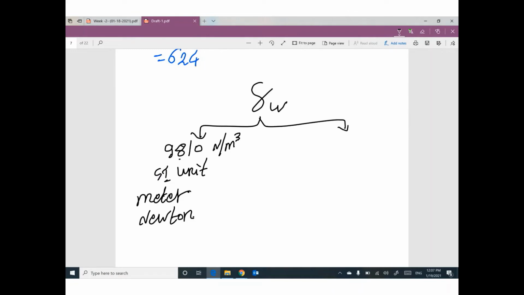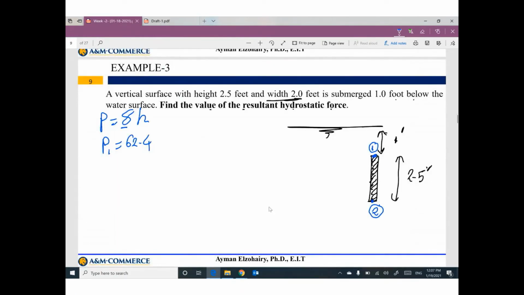If your problem is in US units, I'm going to use 62.4 pound per cubic feet. Be careful about this point. Anyway, 62.4 times H. What is the vertical distance between point number 1 and the water surface? We have 1 foot. So your pressure will be 62.4 pound per square feet.